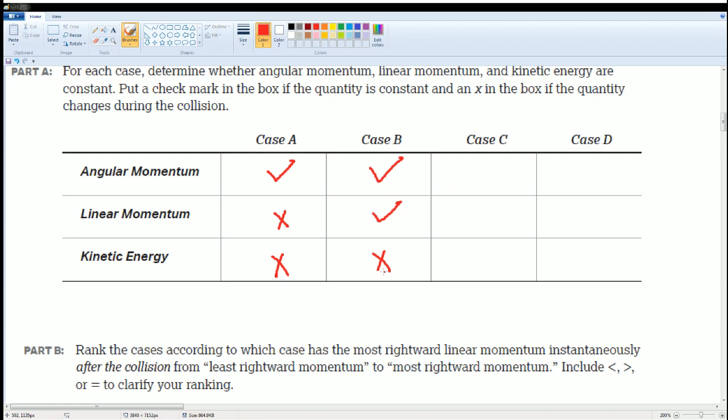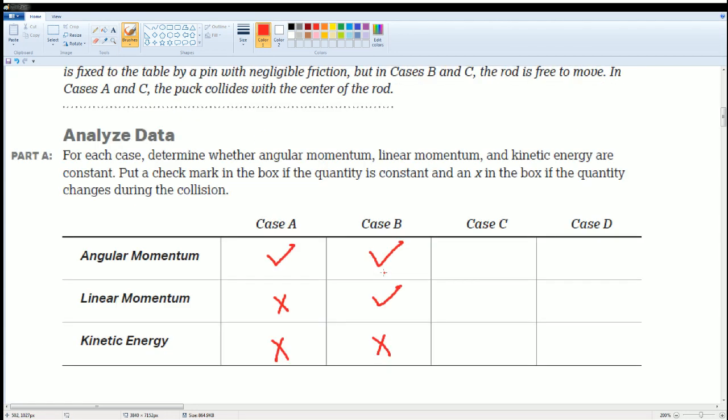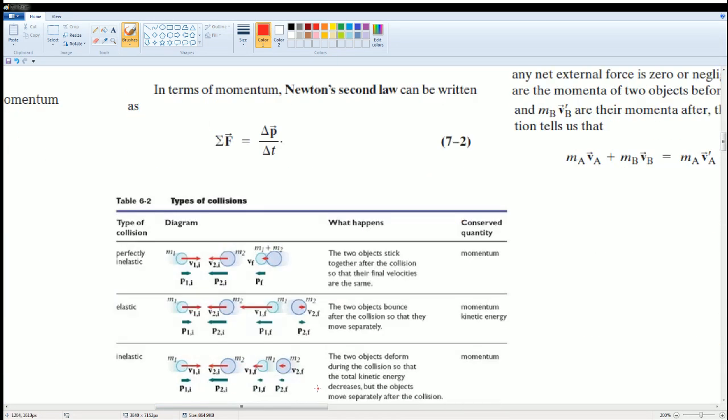Part C. Does angular momentum change? Yes, it does. Linear momentum? Yes, it does. And kinetic energy? No, it doesn't. Exactly like what I said here: kinetic energy is conserved only for an elastic collision, but when it's stuck together, kinetic energy is not conserved.